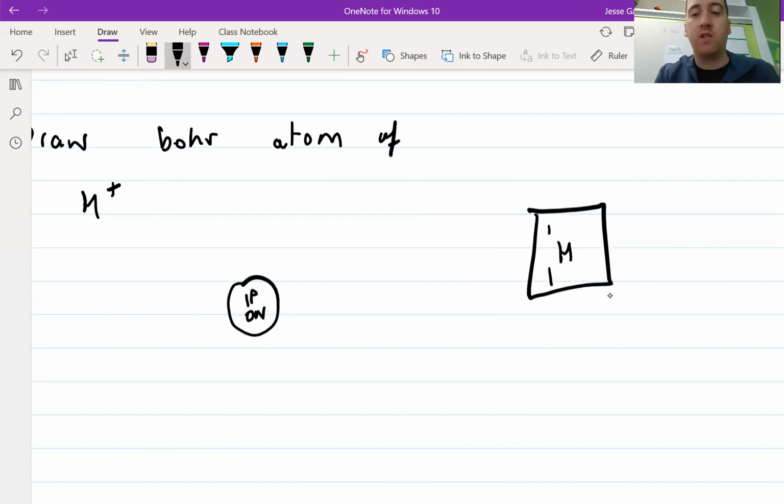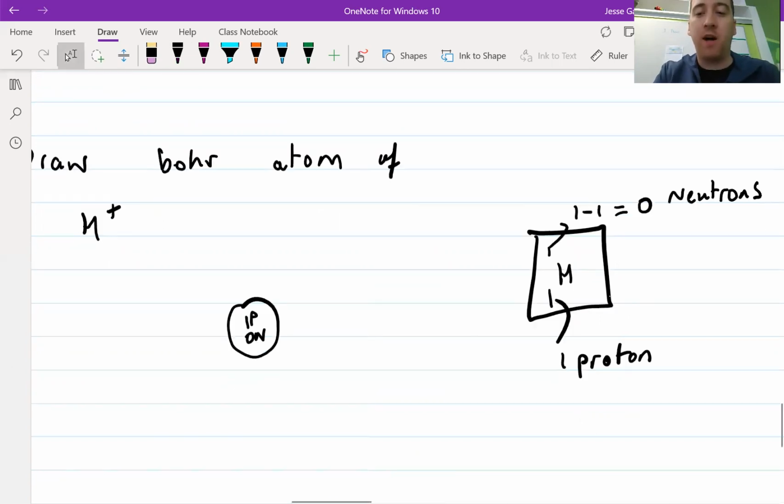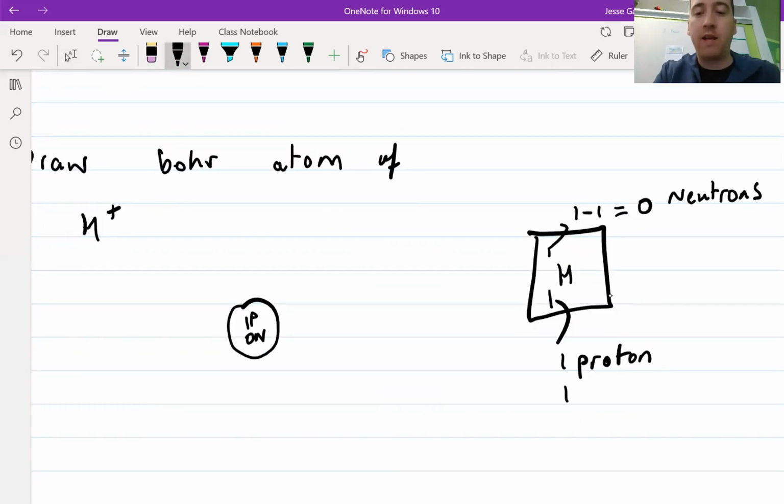1 and 1. What does this mean? It means atomic number is 1 proton, but the mass number is 1, which means to get the number of neutrons, we do 1 minus 1, which is equal to 0. 0 neutrons. Now, normally, if it was an atom of hydrogen, we would have 1 electron, because remember, charges must balance, cancel out in an atom.